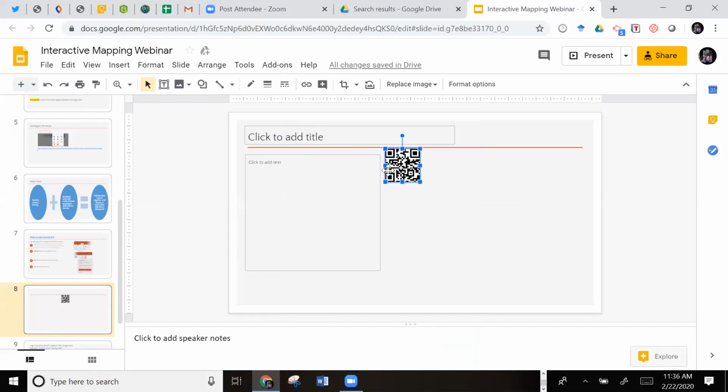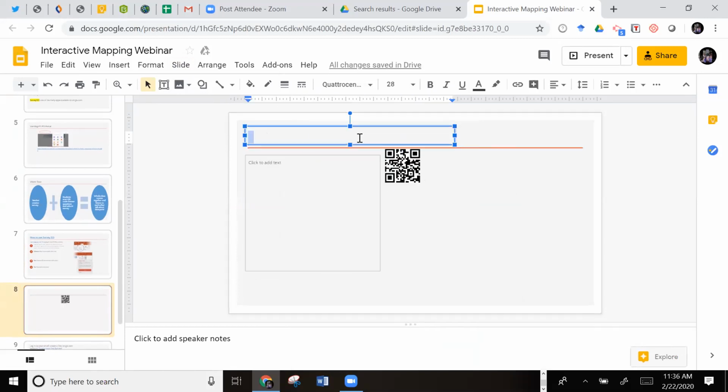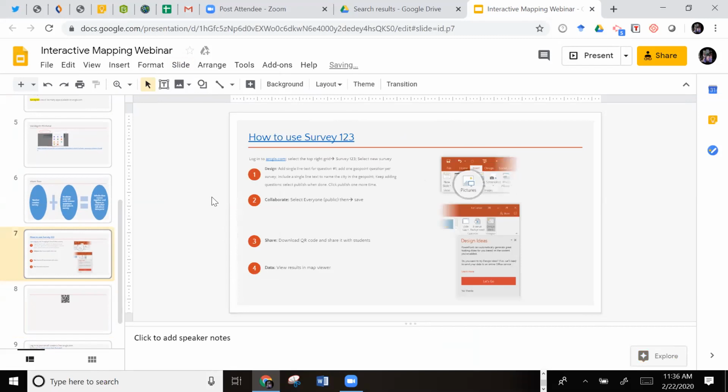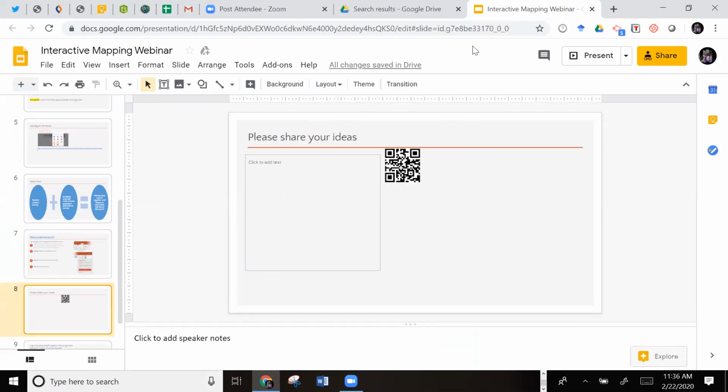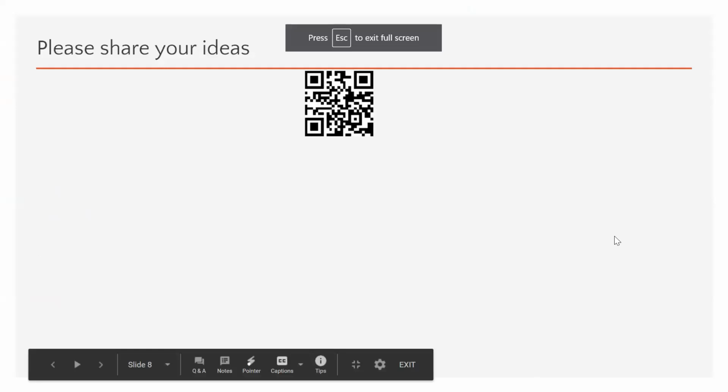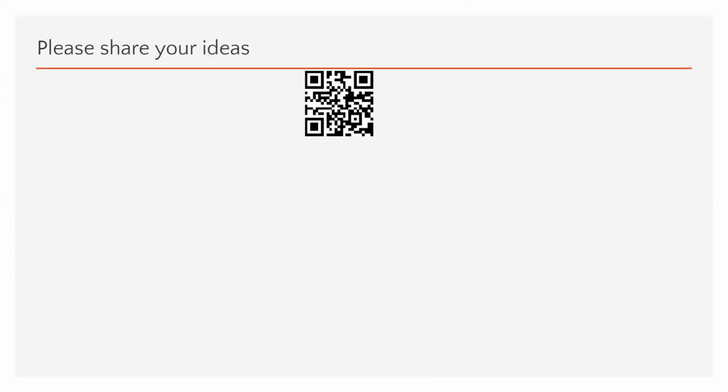Ooh, kind of small, but I think it'll still work. All right, and I'll go to this. Then if you could just please use your camera app, scan this QR code, and you'll see the 4 questions come up.